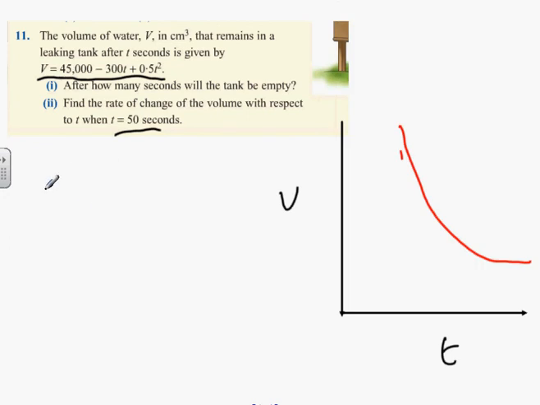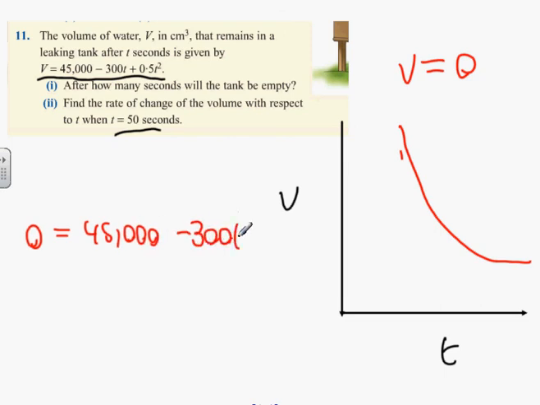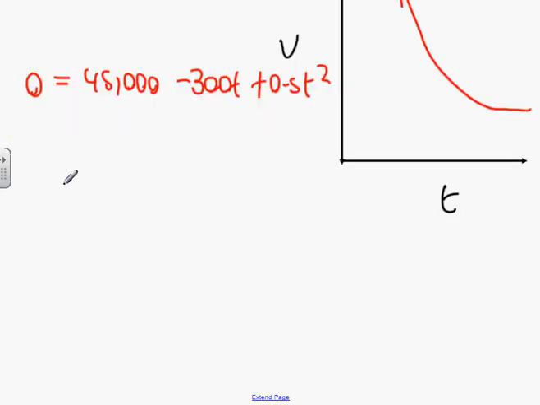It's empty when your volume equals 0. 0 is equal to 45,000 minus 300t plus 0.5t squared. Now, have we ever done a quadratic equation that has a 0.5t squared in front of it?